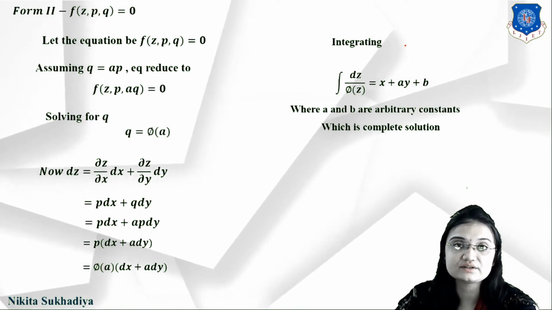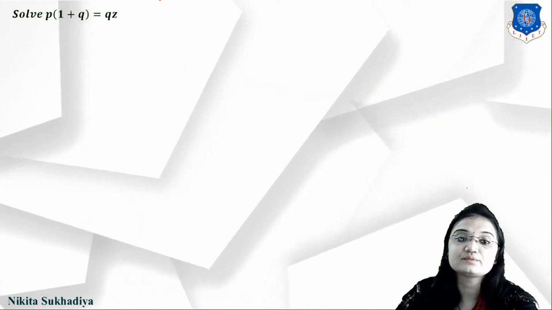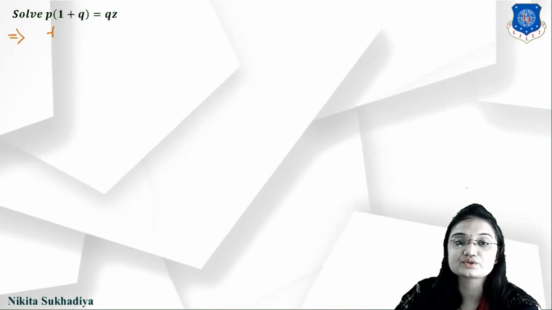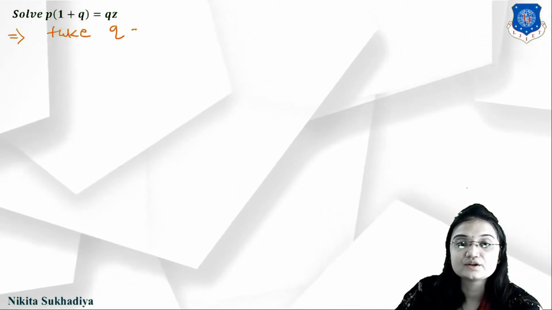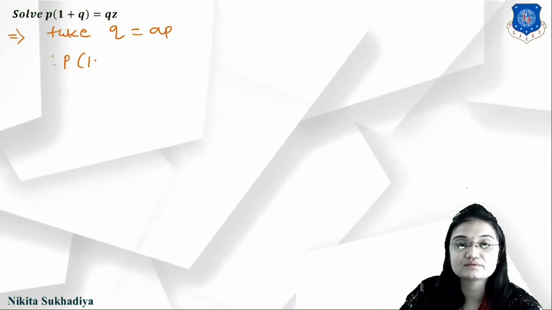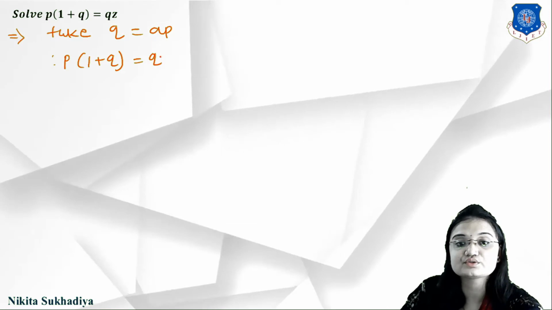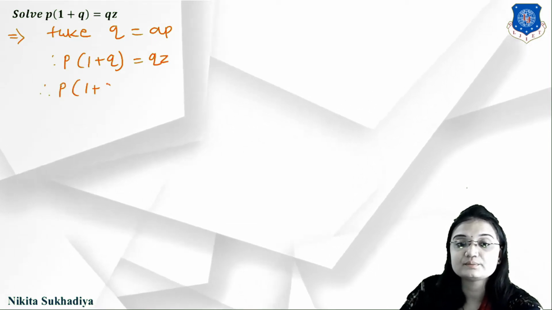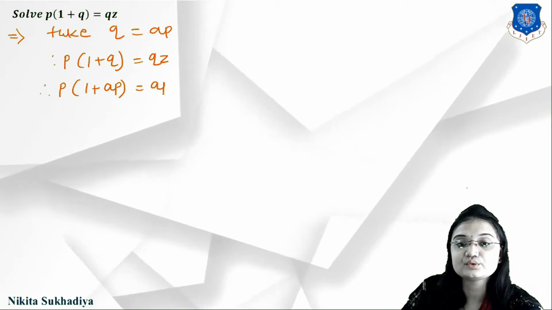Let us understand with an example: solve p into 1 plus q is equal to qz. Take q is equal to ap. So this will become p into 1 plus ap is equal to apz.